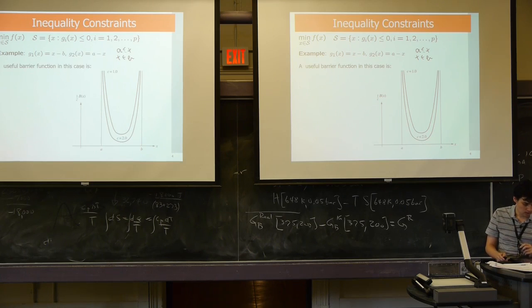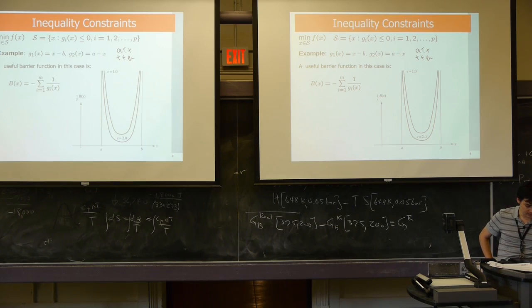And a useful barrier function could be minus the sum of 1 over gi(x).